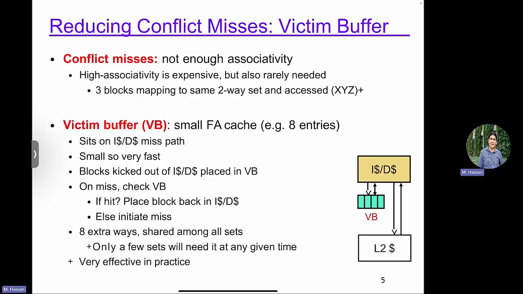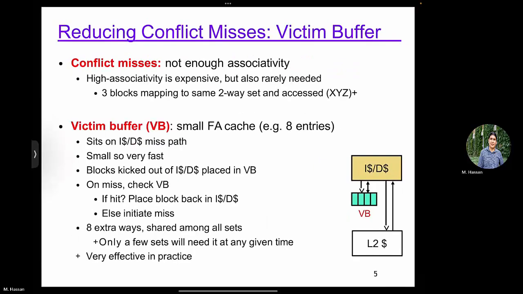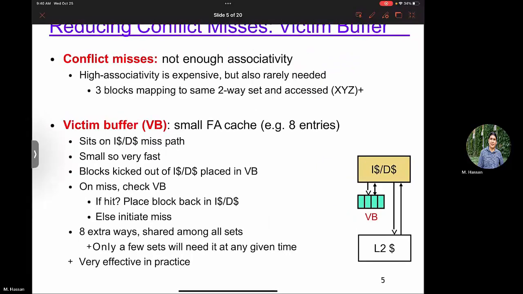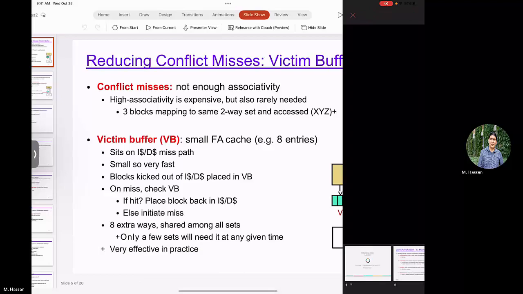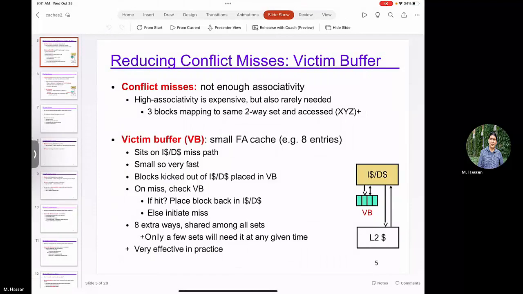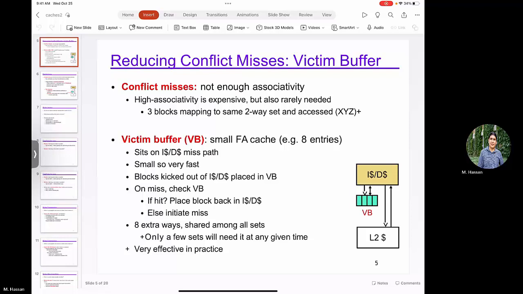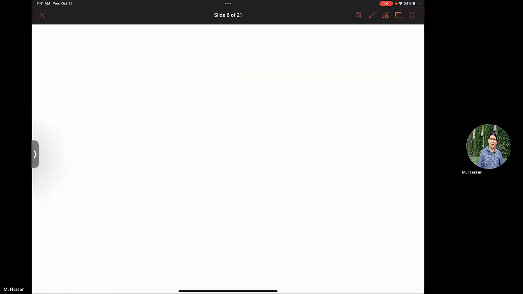If you think about conflict misses, the way we see a conflict miss, maybe I should write an example here. Let me add a slide. Okay, so assume I have an access pattern like this.